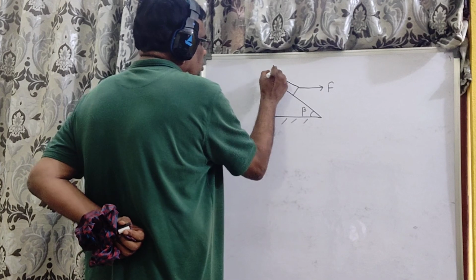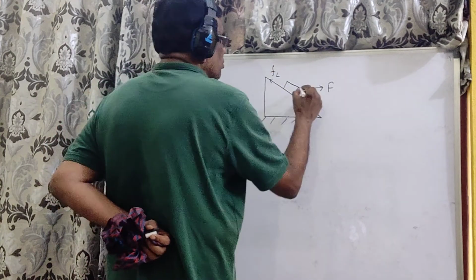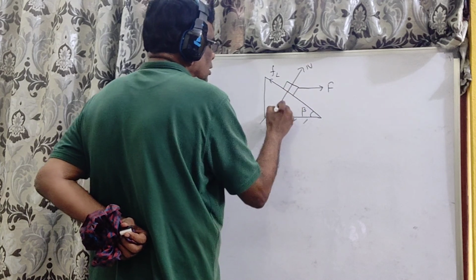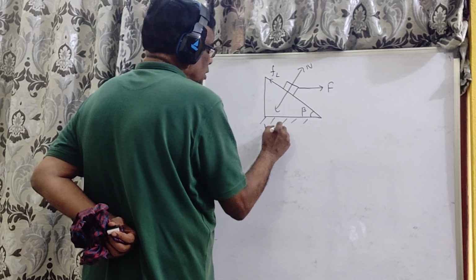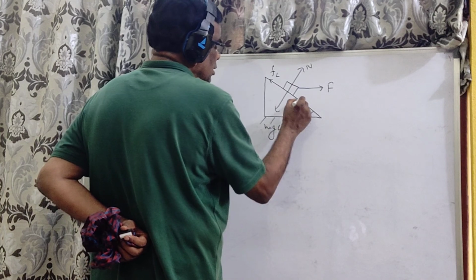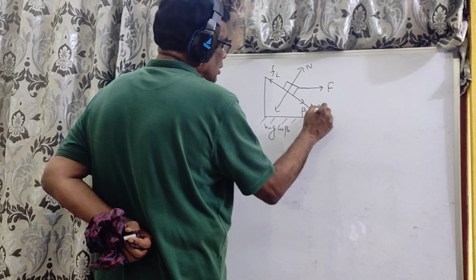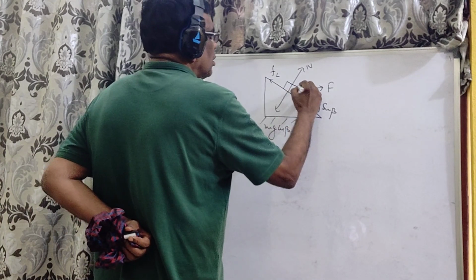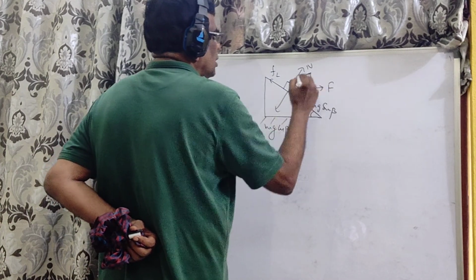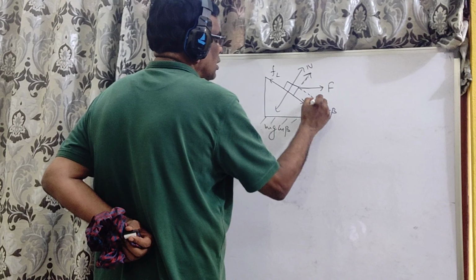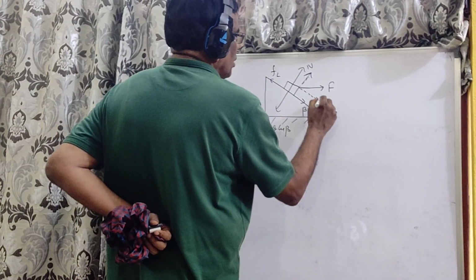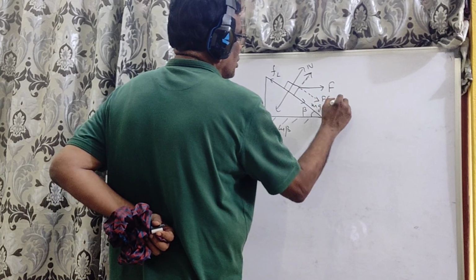So minimum force means we will take FL, and this is N, mg cos beta, mg sin beta. Okay. Now this and this. This is F cos beta.